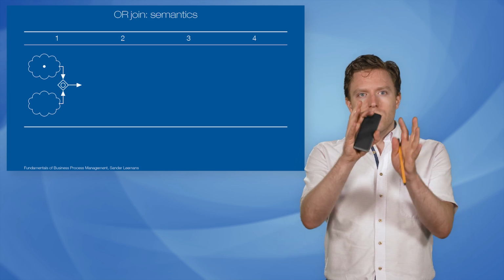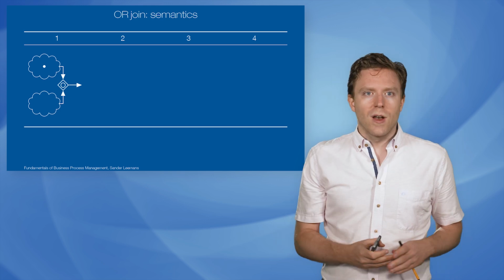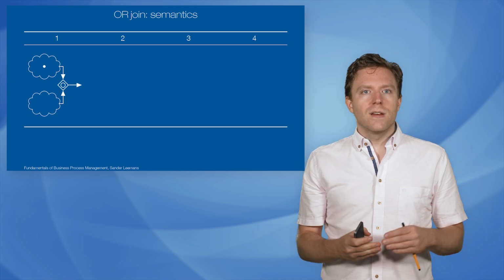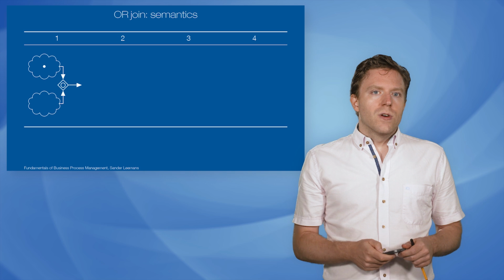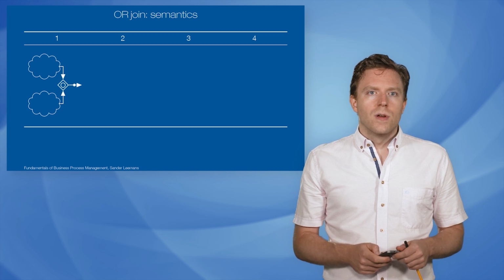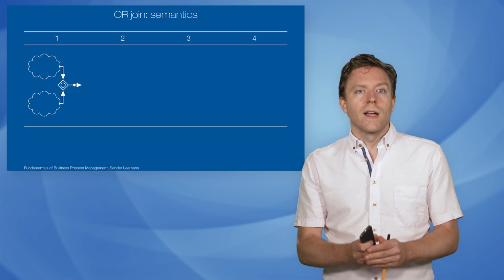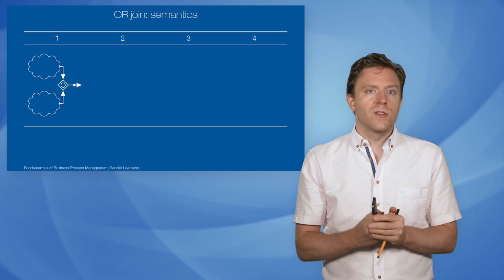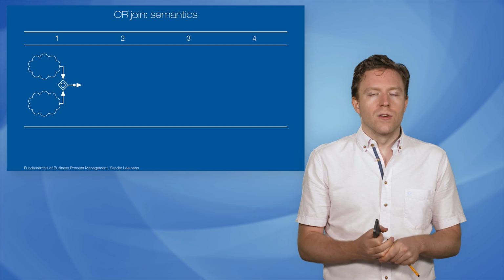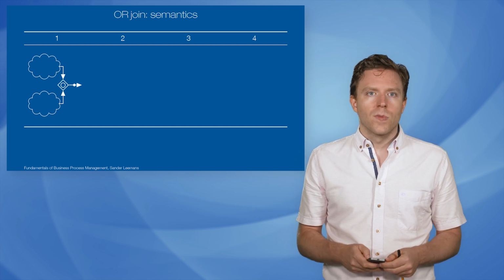Say we have two different parts of the model, two little clouds, and they are merged together in an OR join. If there is a token coming from the top, but no token can come from the bottom, then the OR join will fire. It will consume this one token and produce a token on its outgoing sequence flow.